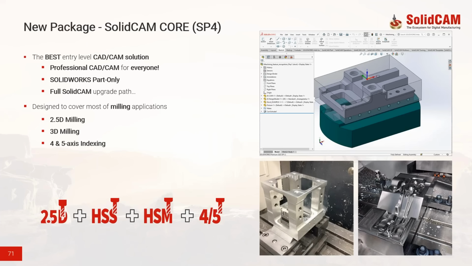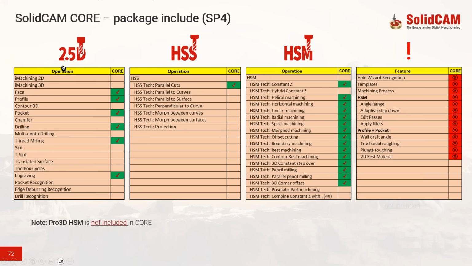So it does include 2.5D milling, 3D milling, 4 and 5 axis indexial, also HSS, HSM, but of course limited. It is the cheapest product in our portfolio, and it does include the face, profile, pocket, drilling, thread milling, engraving from 2.5D, everything that you need.